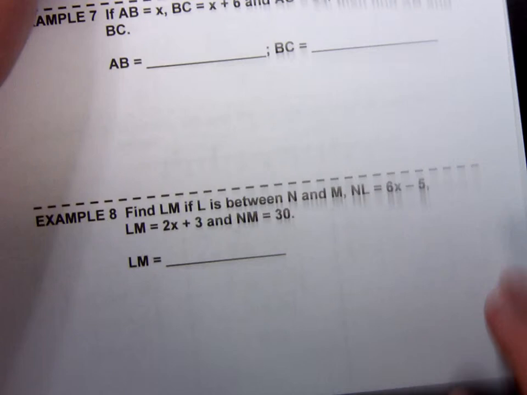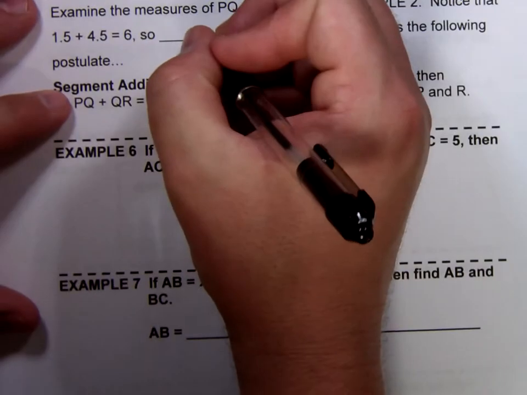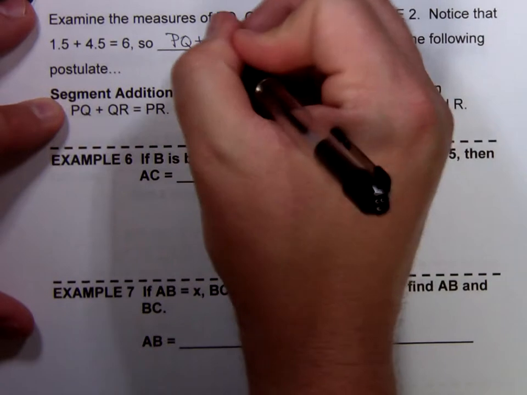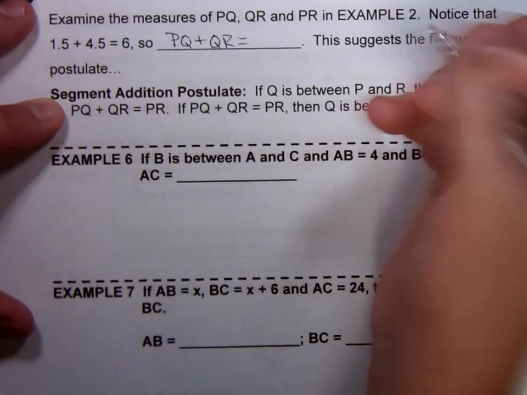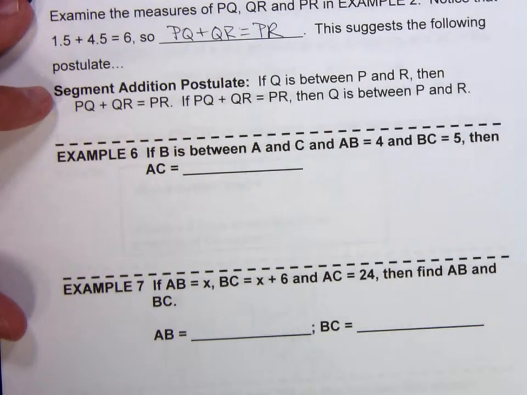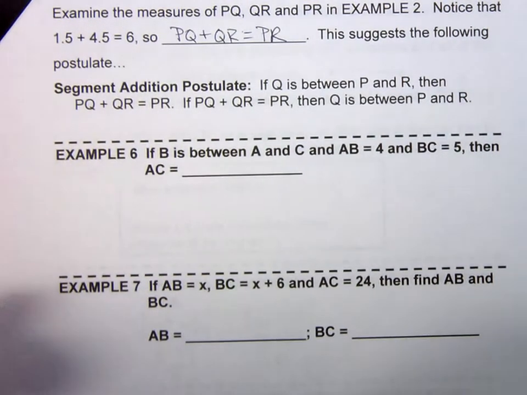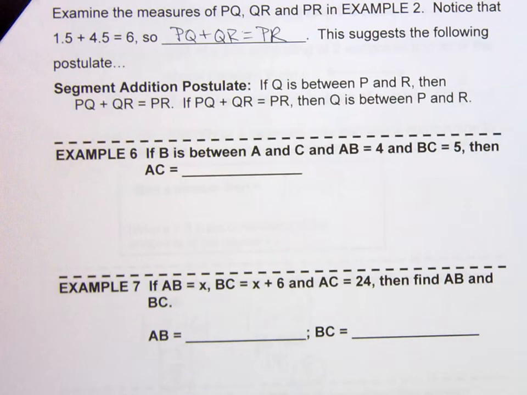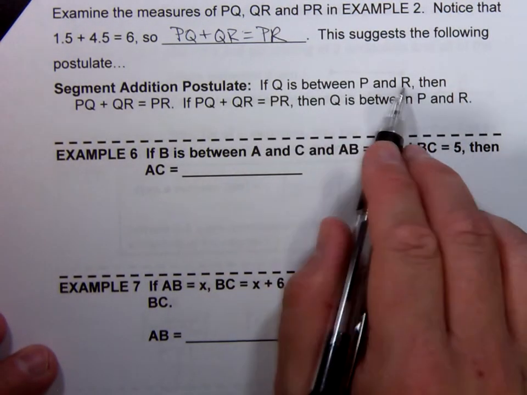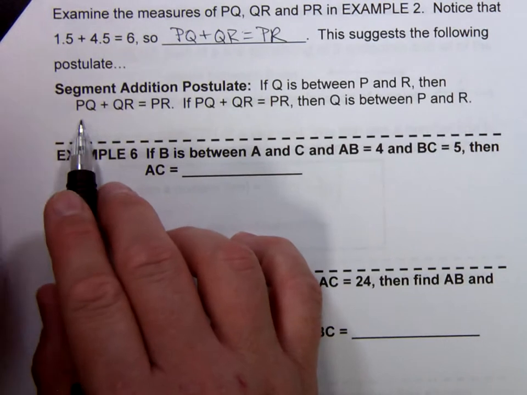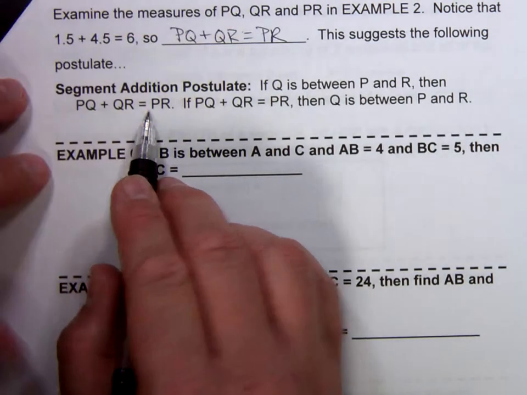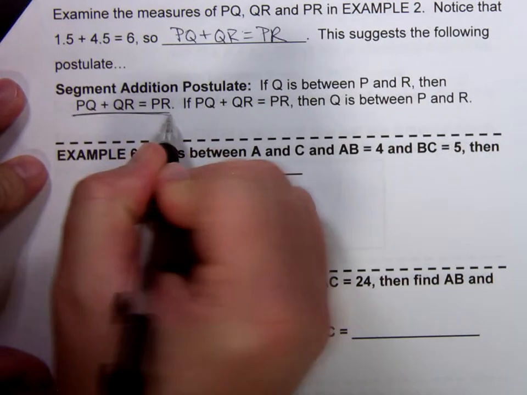So what that means is, if we're writing this as a statement here, the distance from P to Q plus the distance from Q to R equals the distance from P to R. And it suggests the following postulate. This is called the segment addition postulate, and we will use this a lot this year. It says if point Q is between points P and R, then the distance from P to Q plus the distance from Q to R equals the distance from P to R. So you might recognize this right here.